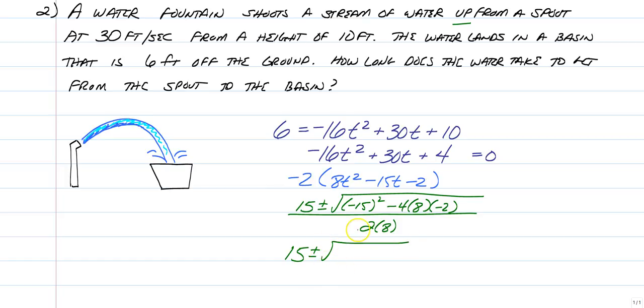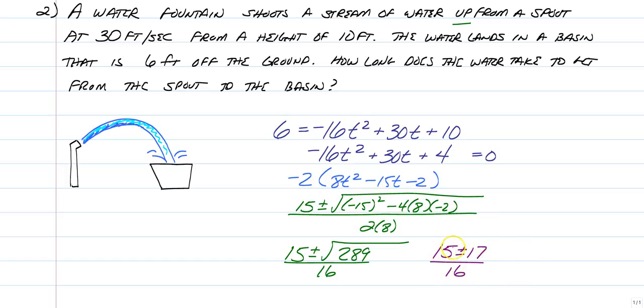If we take care of the inside, negative 15 squared, and then minus 4 times 8 times a negative 2 is going to give you 289. And that's all over 2 times 8, which is 16. Now you should know that the square root of 289 is 17. If you did not know that, well, you know it now.